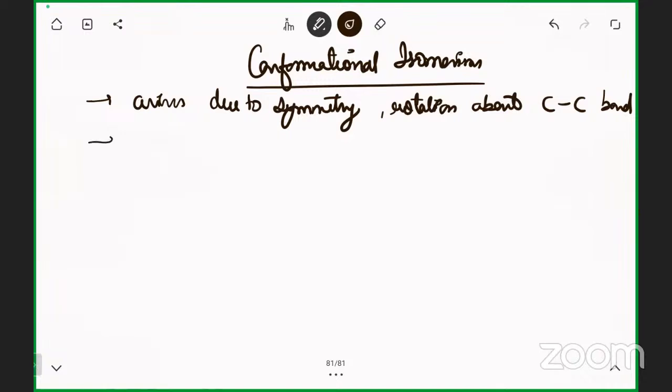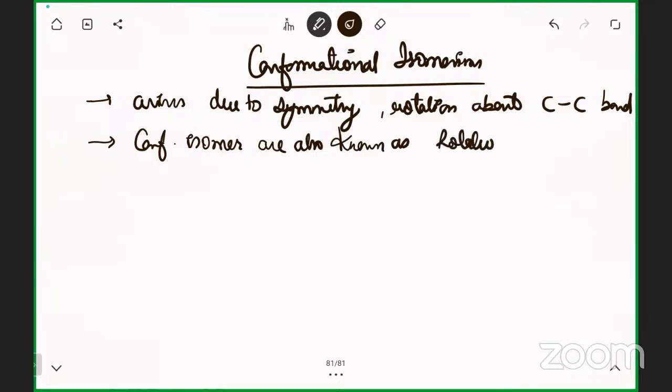Third thing, what you have to remember is that conformational isomers are also known as rotational isomers, or you can say rotamers.